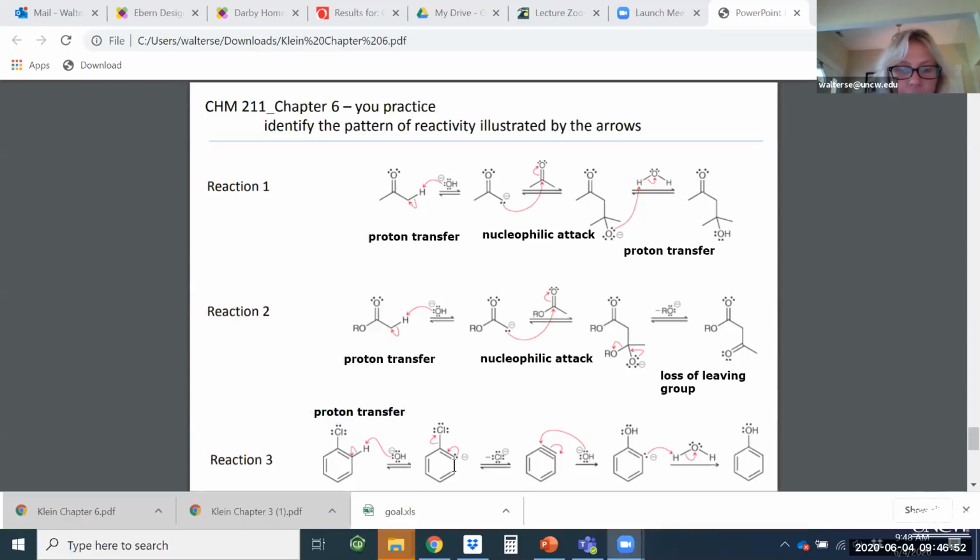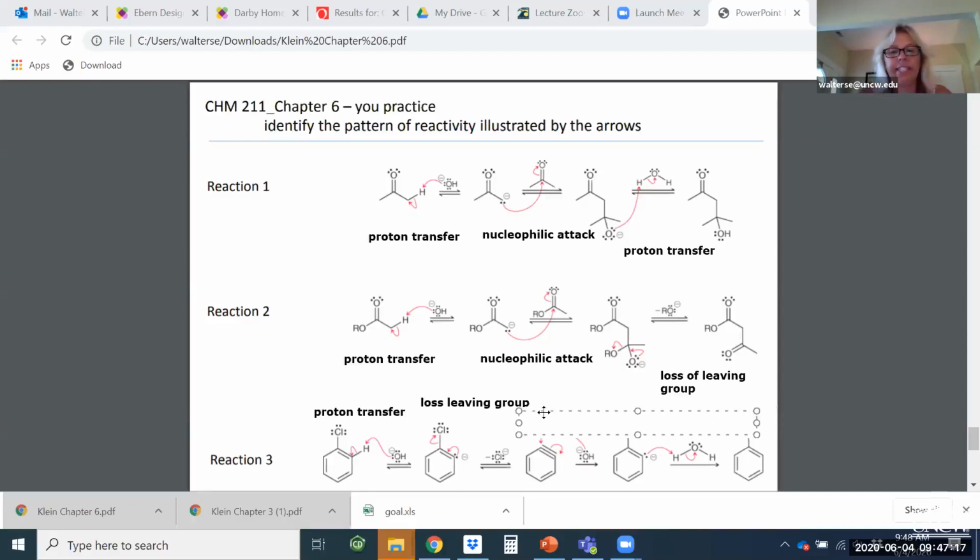Electrons on a carbanion coming down into a pi bond, kicking off a chloride. So that's a loss of leaving group. Lone pairs of electrons attacking a carbon.